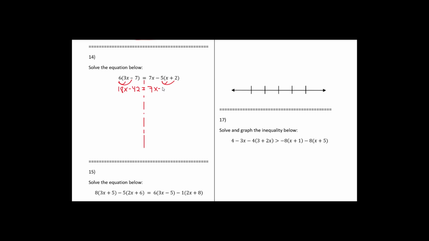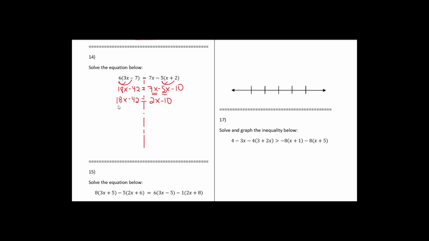Negative 5 times x is negative 5x. And negative 5 times 2 is negative 10. Now, next step is combine like terms. There's nothing I can combine here, so I'm going to bring it down. But on this side, I can combine 7x with negative 5x, which equals 2x minus 10.